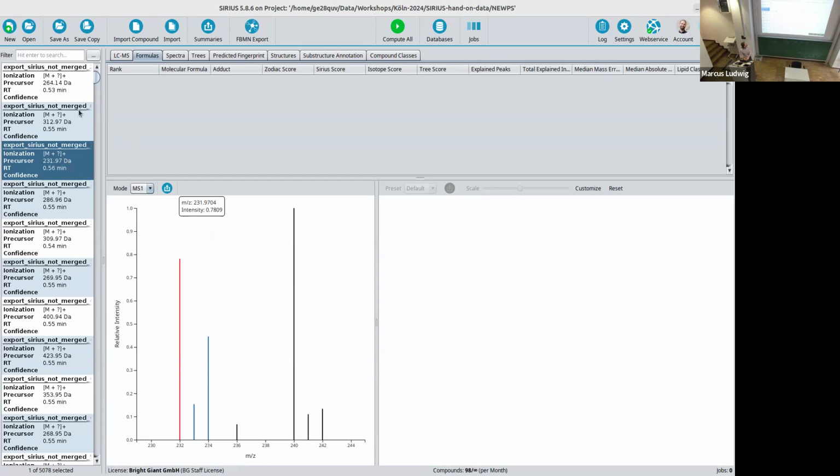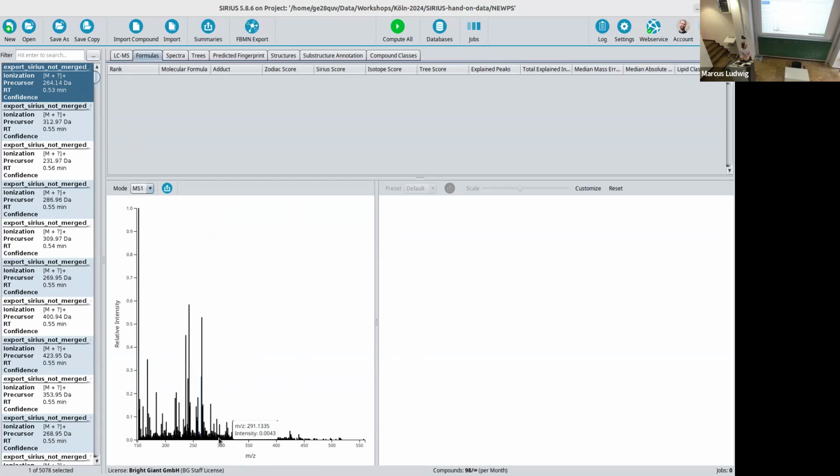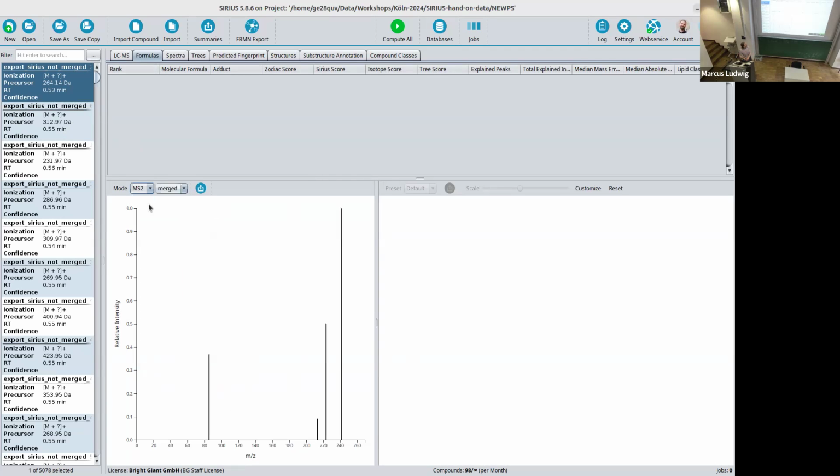So if you don't have any correlating features in your data, you get the full MS1 in here from MZmine. Then you have your MS2 data, and sometimes you have multiple MS2, and they can either be merged by MZmine already, or you get all your MS2 into Sirius, and Sirius performs the merging, and you can still have a look at how the different MS2 look.